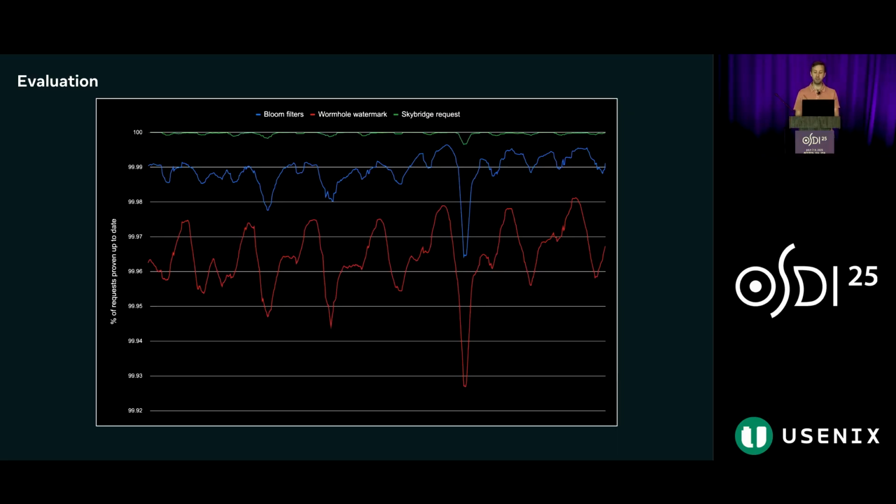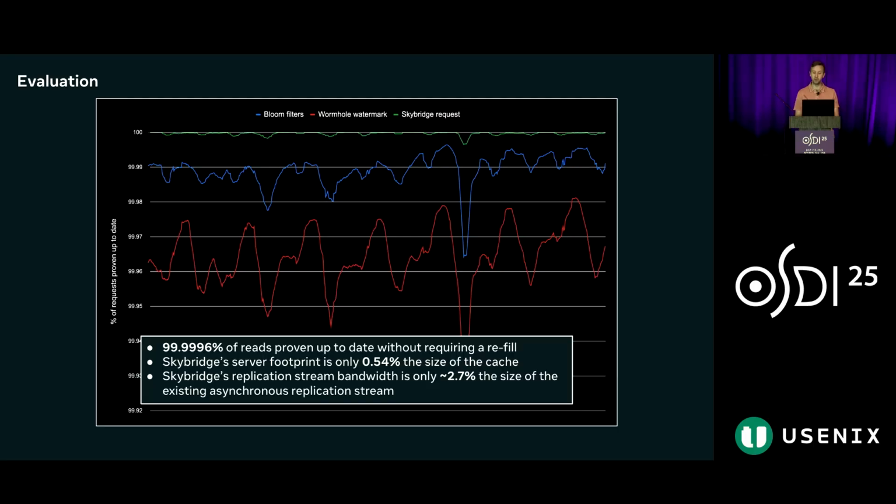We see that approximately 3 nines of read requests are proven up to date using the replication tracker. However, by utilizing Skybridge's capabilities, approximately 5 nines of requests are able to be proven up to date without refilling caches. This shows how fine-grained staleness information filters out a significant amount of spurious fill requests when enforcing boundless staleness.